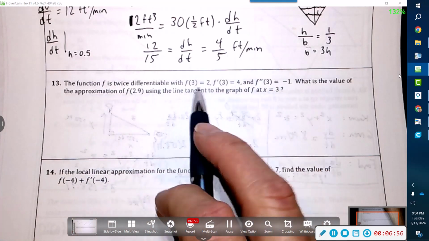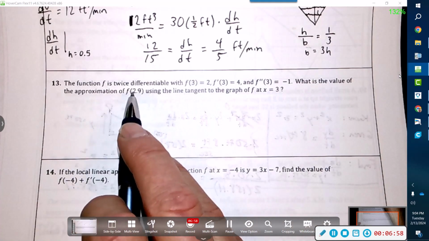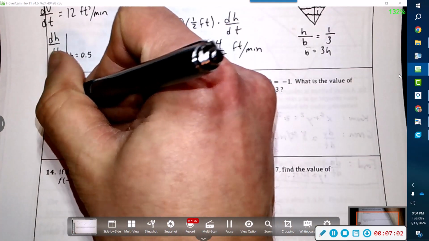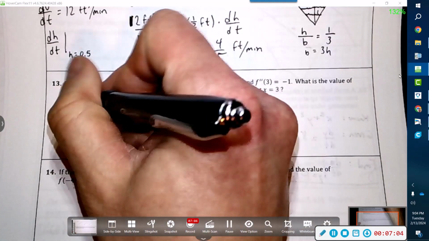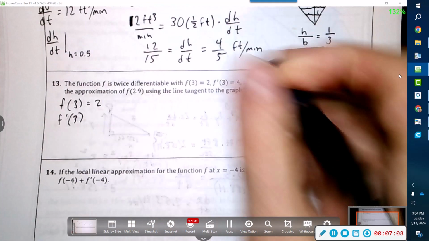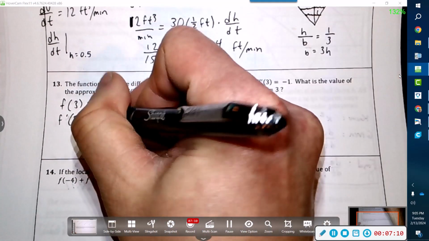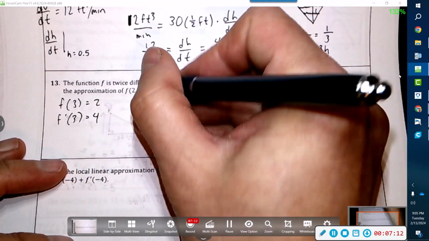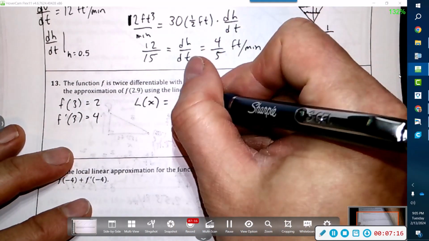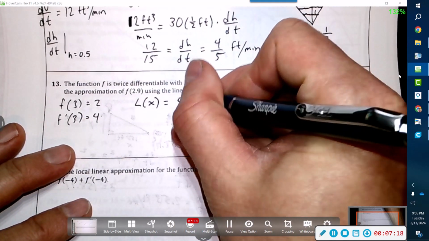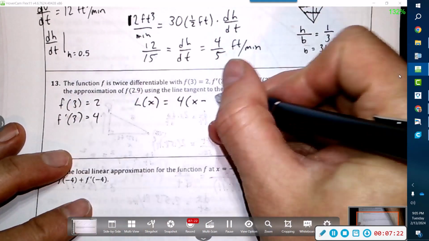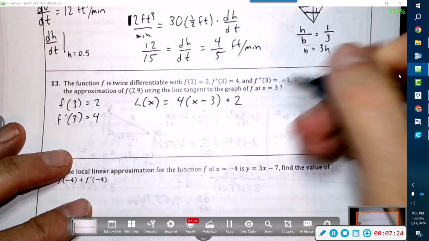Okay, so let's go ahead and find the approximation at 2.9. Let's get this first. We said that when I plug in a 3, I get 2. The derivative at 3 is the slope. So this means that the line L equals the derivative times x minus 3, plus 2.